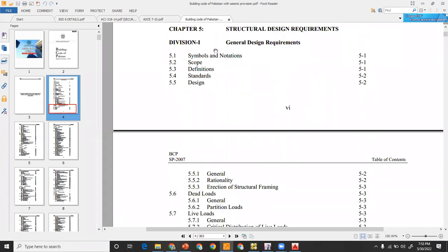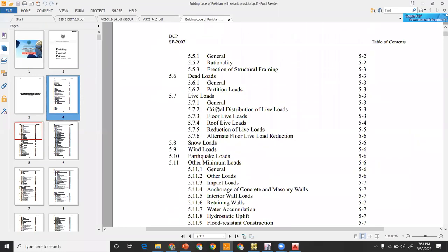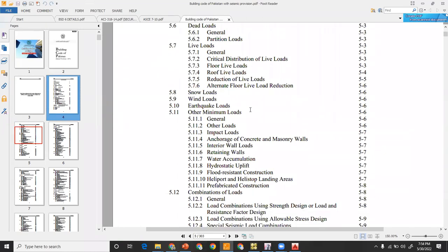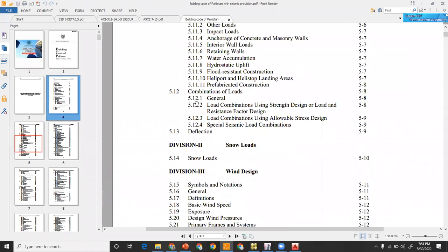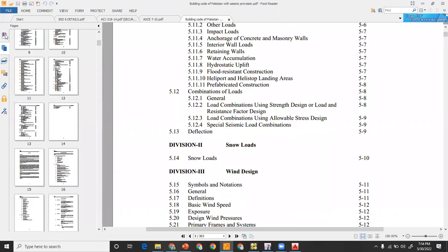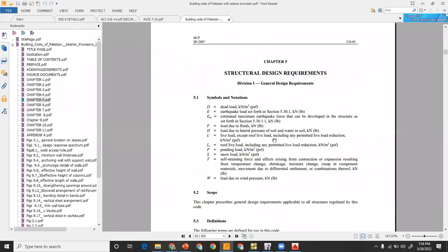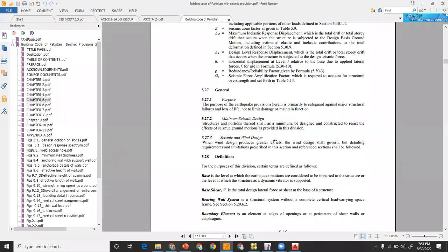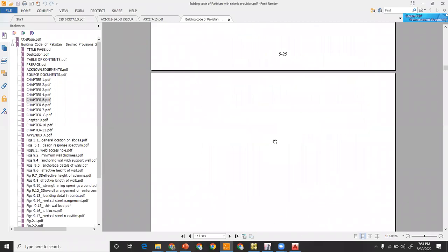And these are divided into division one, which is the general design requirements, different symbols and notation definitions, and the scope, design standards. You can read it out, and if you have any questions during this, you can ask me later, right? So we will go quickly to chapter number 5, and I will show you the different frame systems which I have explained earlier.